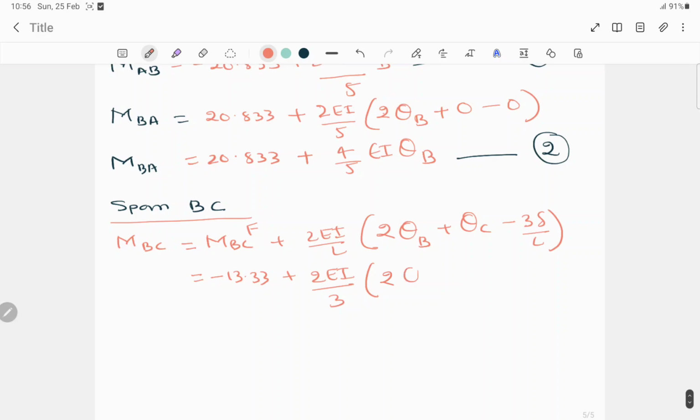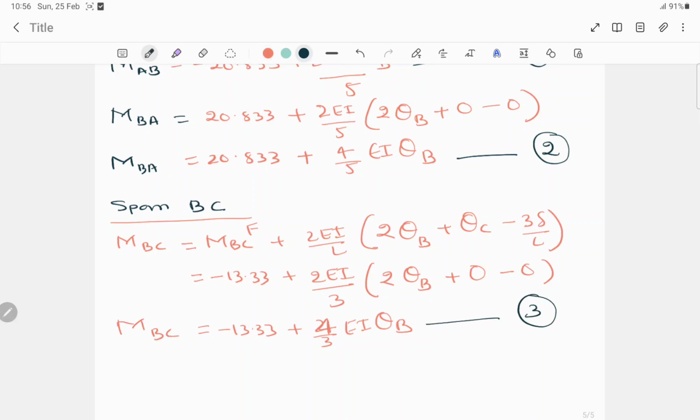So we'll keep it like this, theta B plus theta C, which is 0. So the equation will be minus 13.33 plus 2 by 3, 2 times 2, so it will be 4 by 3 EI theta B. So moment about B to C, let it be equation 3.